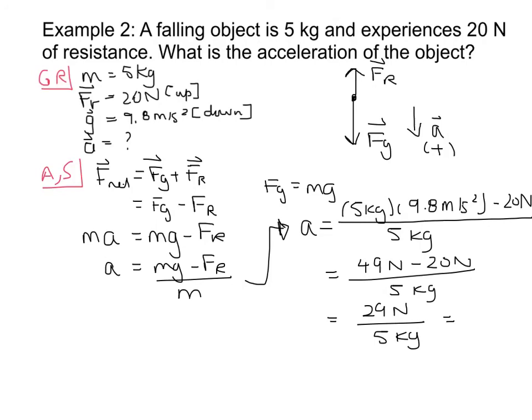So we've got 29 divided by 5, which gives me 5.8 meters per second squared. That's my acceleration. So now I can answer the question.